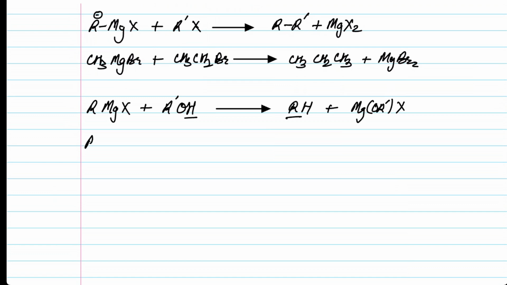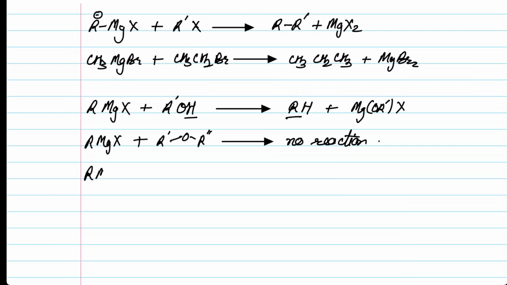If we have RMgX and we react it with an ether, that is R dash O R double dash, now ether does not react with the nucleophile. So here again, there is not going to be any reaction. The examples we have already seen, diethyl ether or furan, do not react with the Grignard reagent. In fact, they are used as solvent in Grignard's reaction.